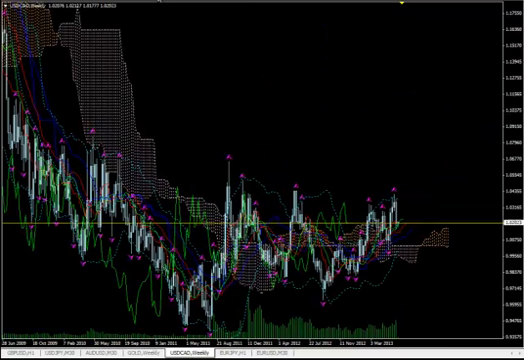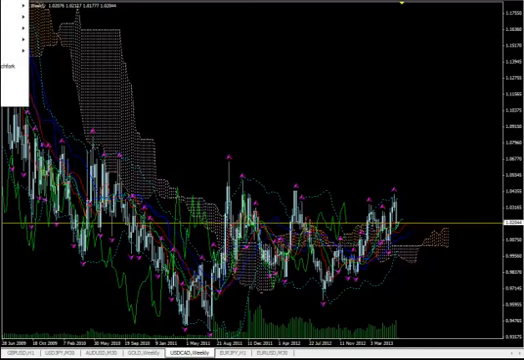Let's see the bigger picture. On the weekly chart, we see a flat and horizontal Kumo. That's indicative of sideways movement, of consolidation.